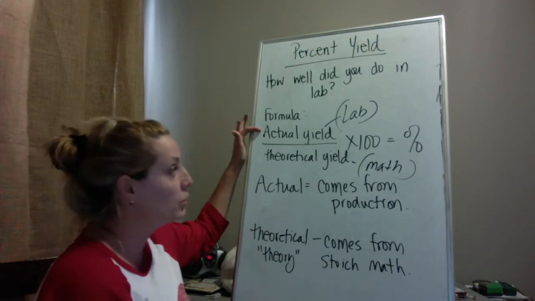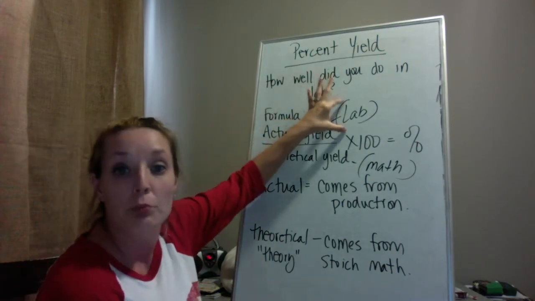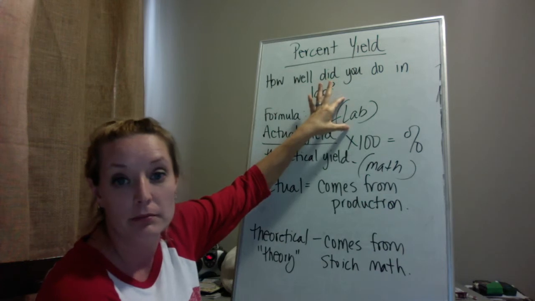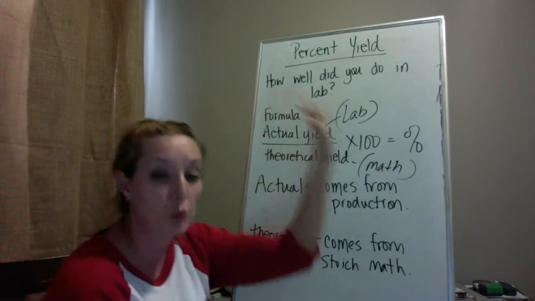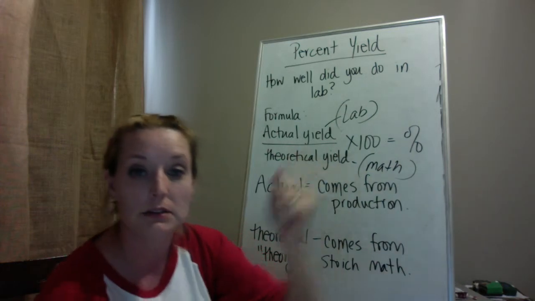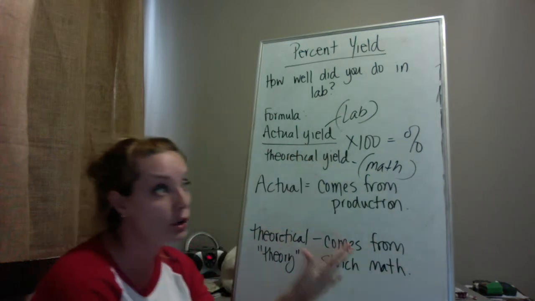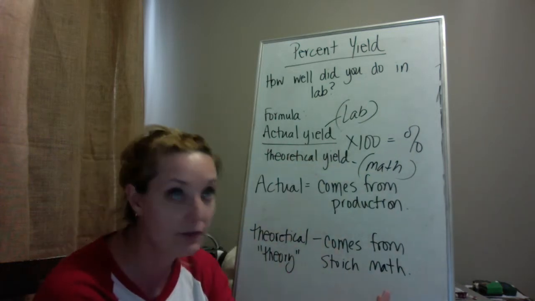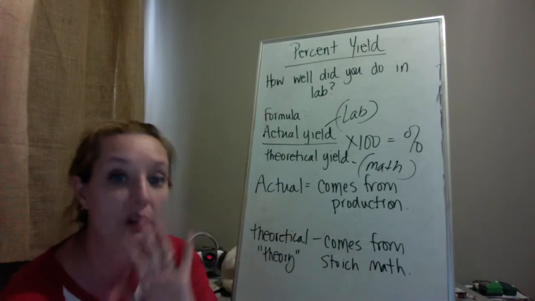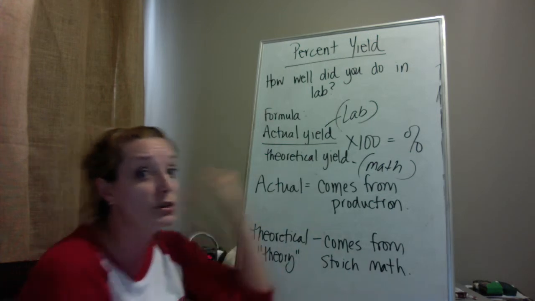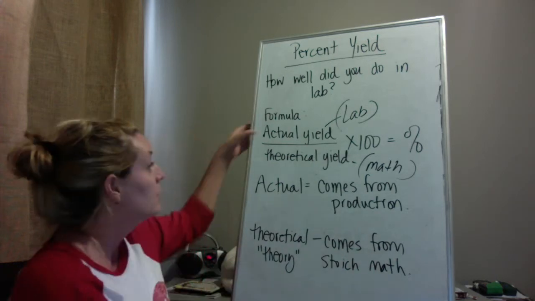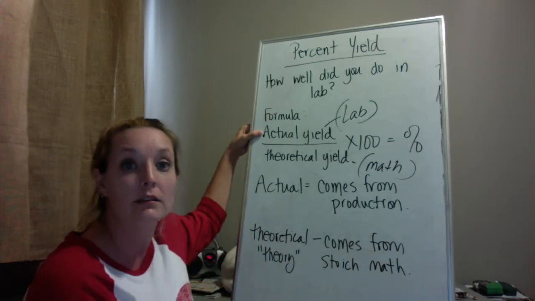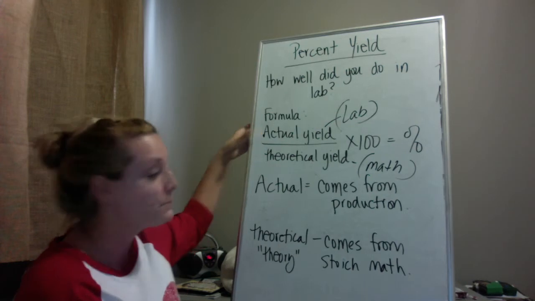So your actual yield comes from production in lab. And in a problem, it will say the actual yield was a certain amount, or it will say you produced 25 grams of this. When it uses that word produced, it means you actually did it in lab. That gives you your actual yield.